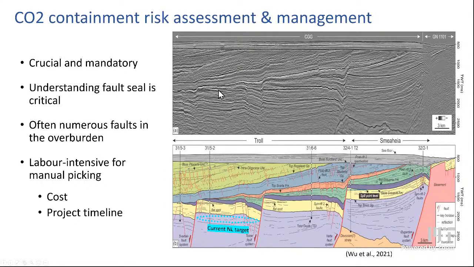To understand the geology, this typically requires interpreters to digitize and map all the horizons and faults, which is shown on the bottom. You will see that the current Northern Lights pocket of CO2 storage is plotted in this blue circle. In this area, looking at the seismic image, there are many faults around it, above it, and in the overburden. So this requires very detailed digitization and mapping of the faults, as shown in this section.